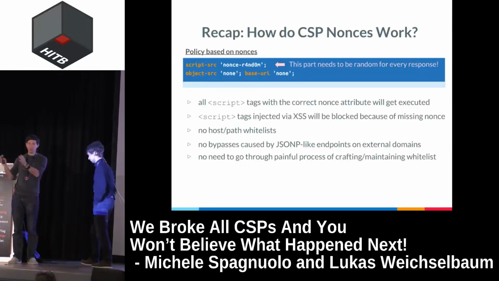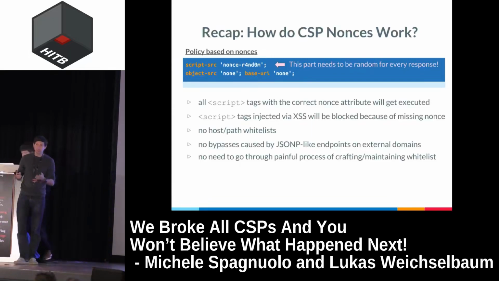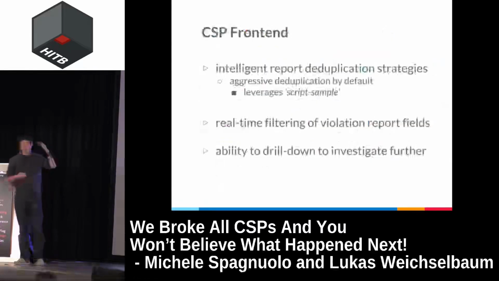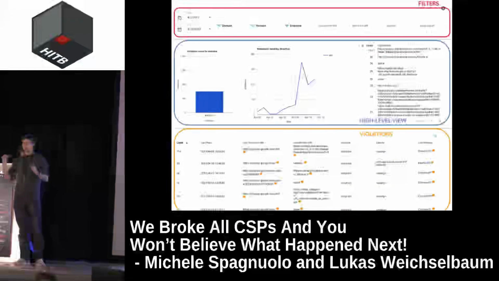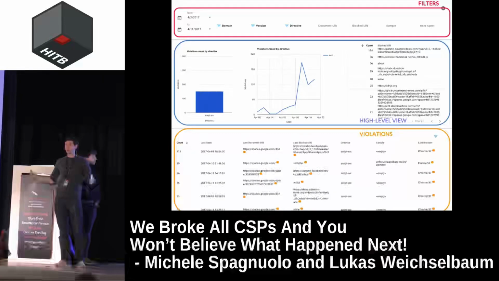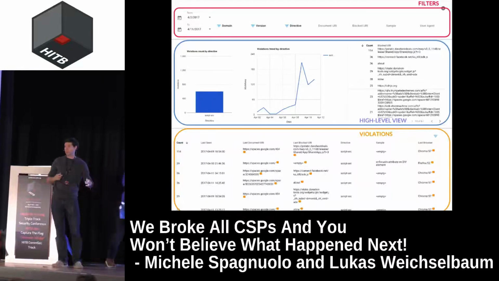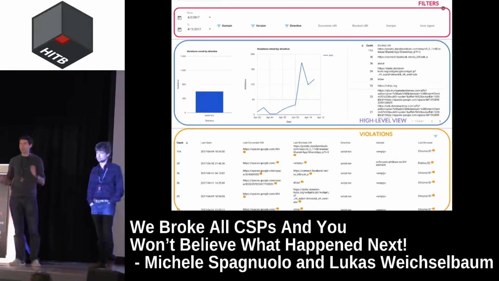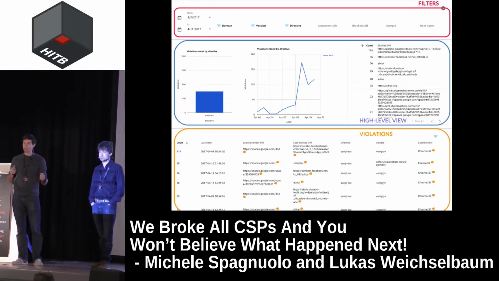Like where do they come from, which domain? And then maybe also by script sample. So in the end, you maybe end up with like 5 script sample lines, and then we usually take them and look into our internal code search and try to verify that this is actually code that is from us, right? And by that, we can very easily tell if this is something that is broken on our side.